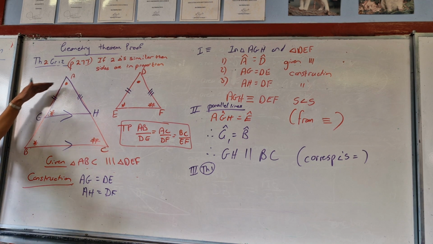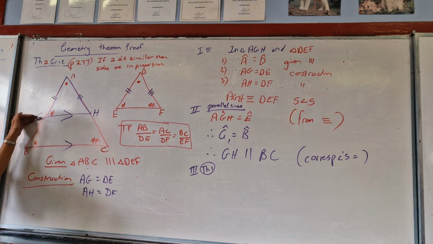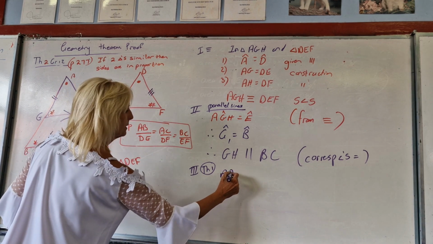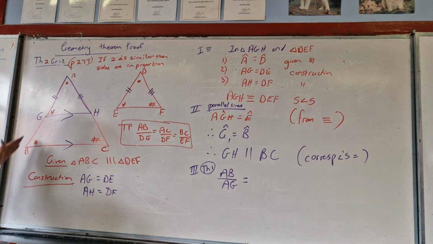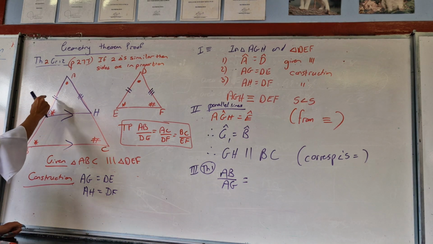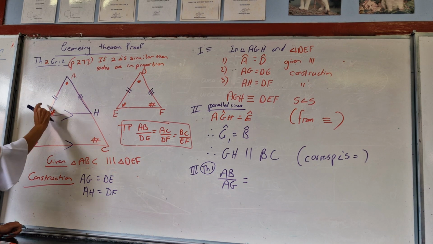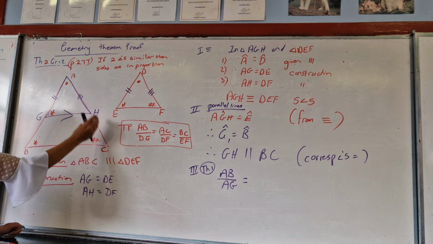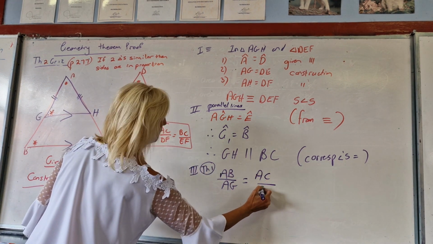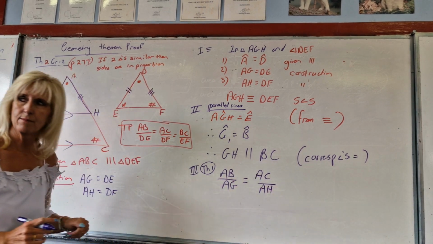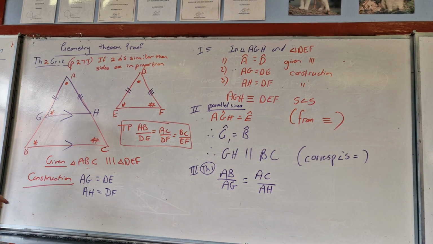So I'm going to say AB over AG. AB over AG would be the same as whole one over the top one. Whole one over the top one would be AC over AH.